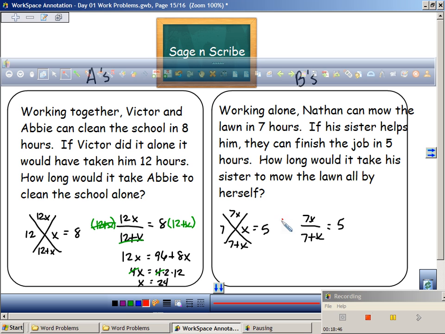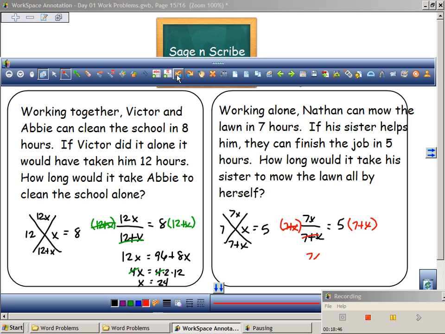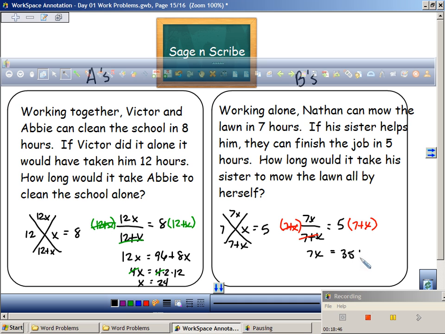Multiply both sides by 7 plus x. That results in 7x equals 35 plus 5x. If I take 5 x's off of both sides, how many do I have left?